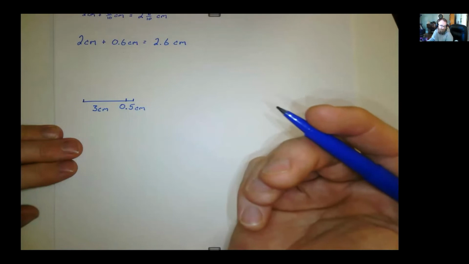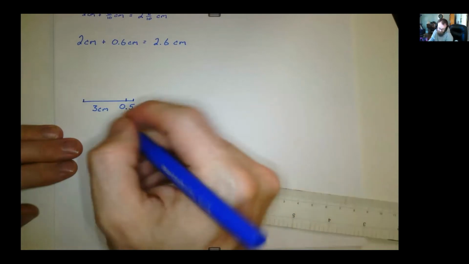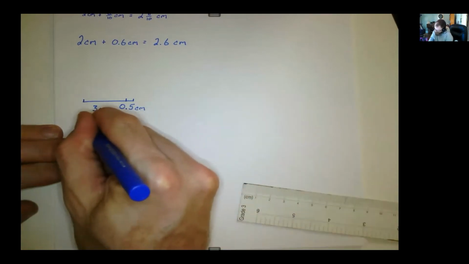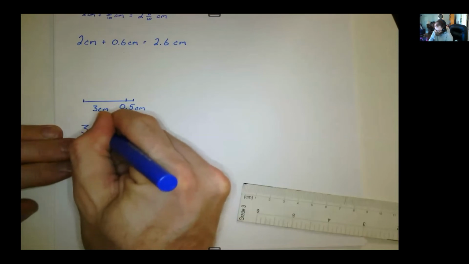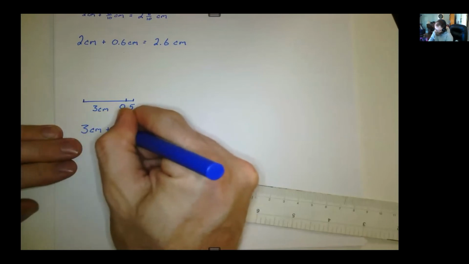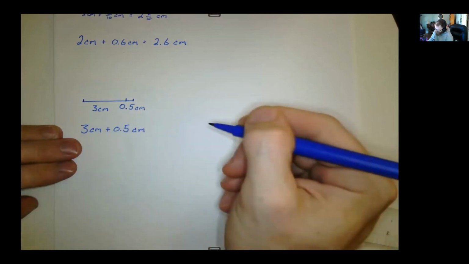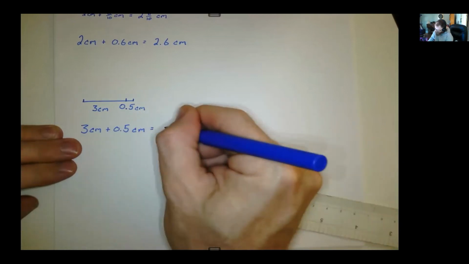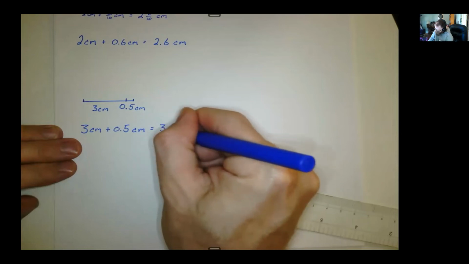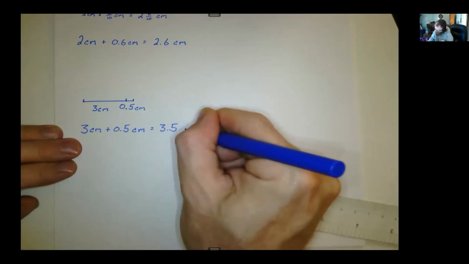So as an addition sentence, that would look like this. 3 centimeters plus 5/10 of a centimeter equals 3 and 5/10 of a centimeter.